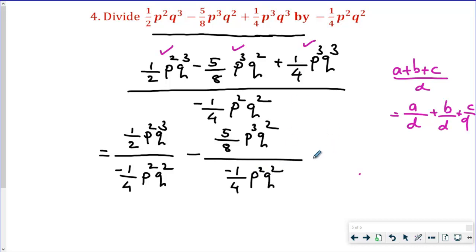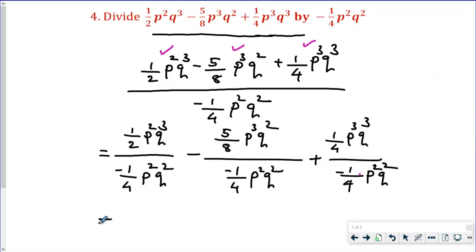Here it was plus, so you can write plus. Now you can write the first term 1 by 4 p cube q cube divided by the denominator, minus 1 by 4 p square q square. Now here we can write plus minus, so that becomes minus.